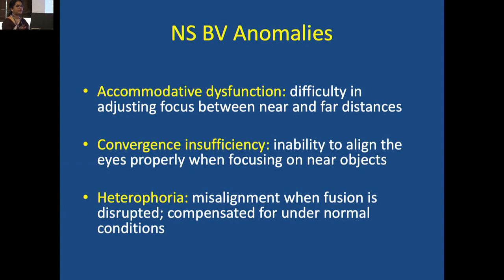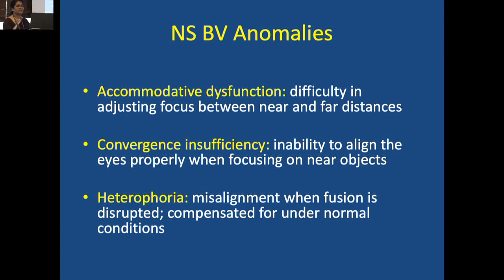The whole point of the session is to prime ophthalmologists that there is something called non-strabismic binocular vision anomalies, and if we are cautious and aware of it, we can guide them properly and give them much needed relief in their academic and other activities also.